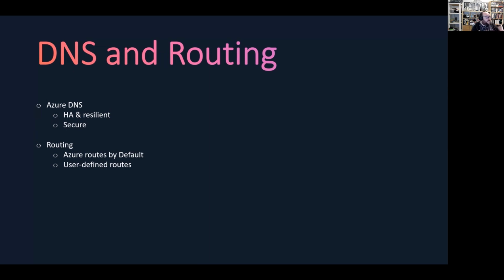So Azure has its own DNS called Azure DNS. It's a highly performant and scalable naming service. It's a way of converting a domain name, so something like google.com, into an IP address.